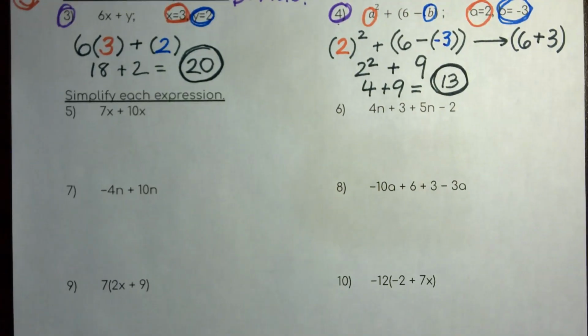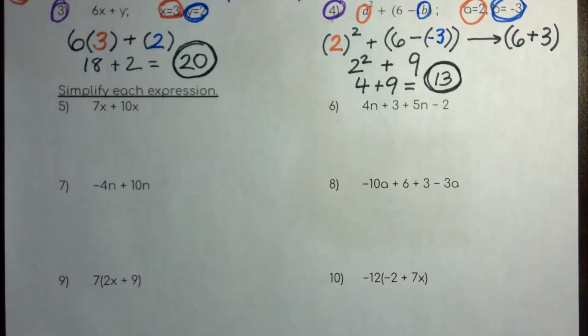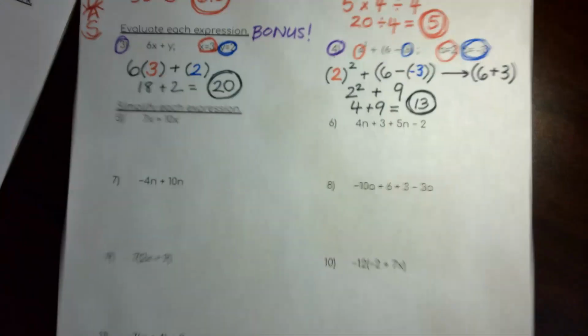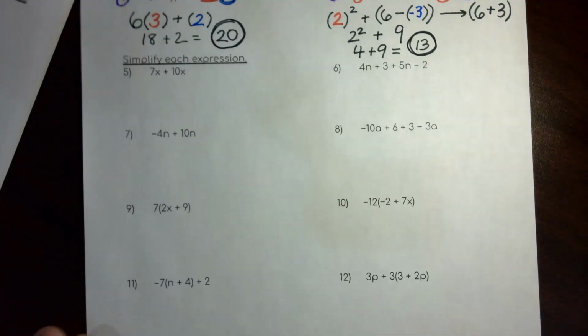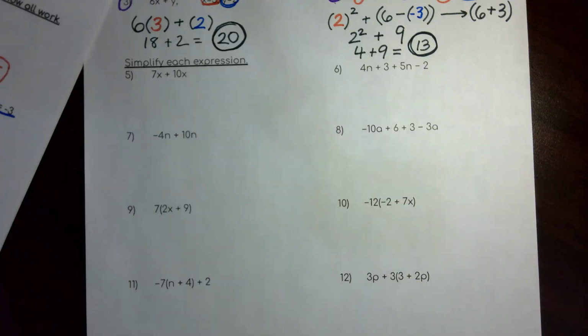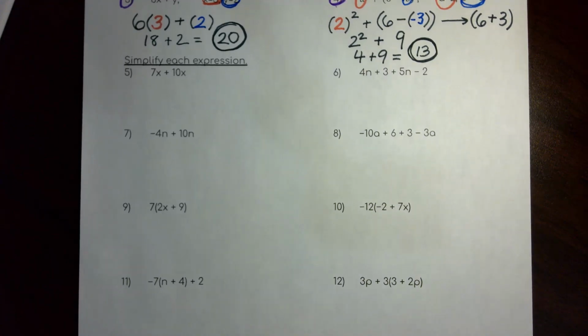So, for questions 5 through 12, let me zoom out a little so I can show you everything. Okay. For questions numbers 5 through 12, we are going to be simplifying each of these expressions. Now, to simplify, we have been practicing combining like terms, and we've been practicing distribution.